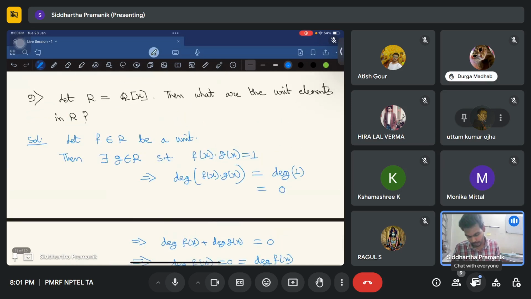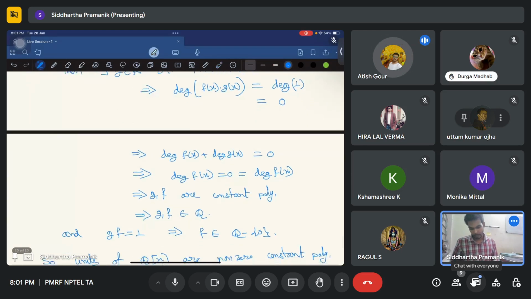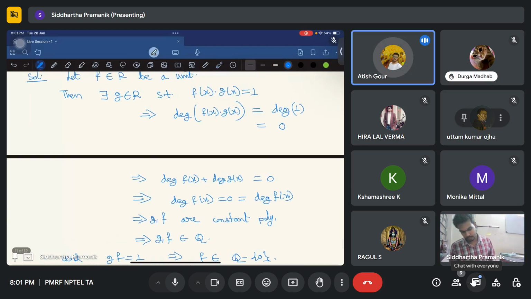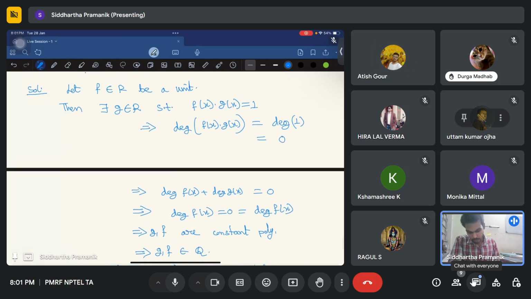Using the same technique, you can find the units of Z[x], R[x], and other rings. Z[x] will have only two units, -1 and 1. Yeah, you are correct, Z[x] has only two units, and for R[x] there will be infinitely many.